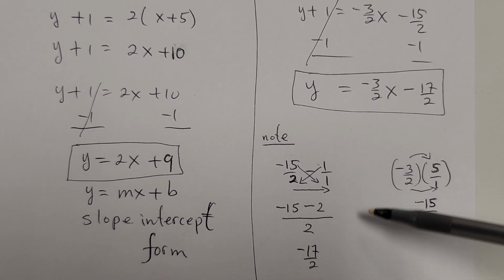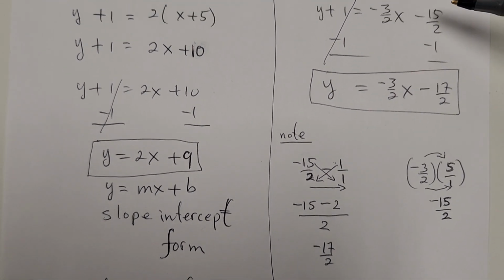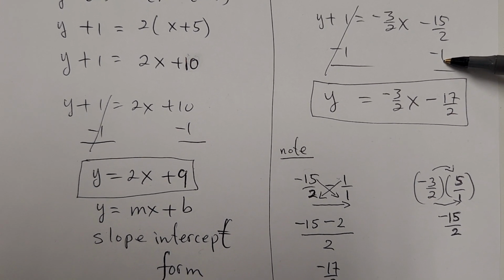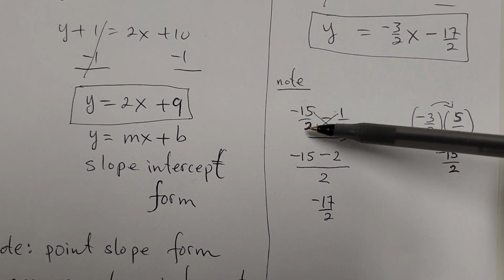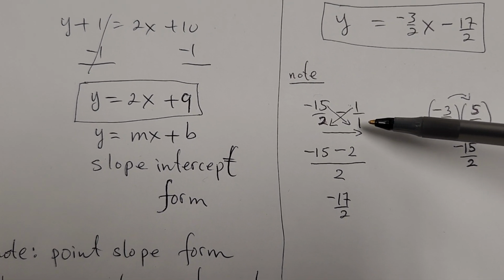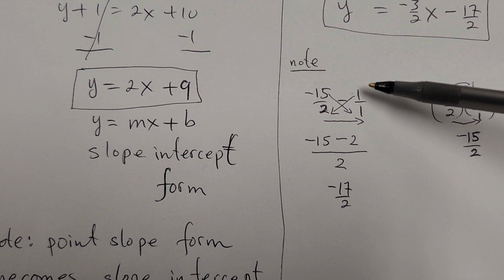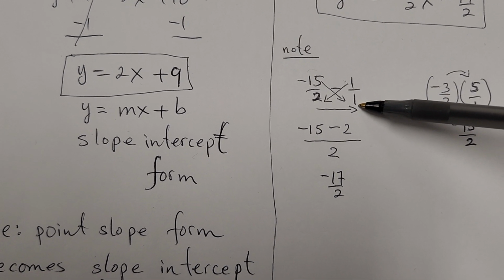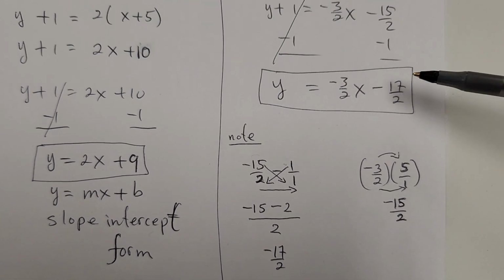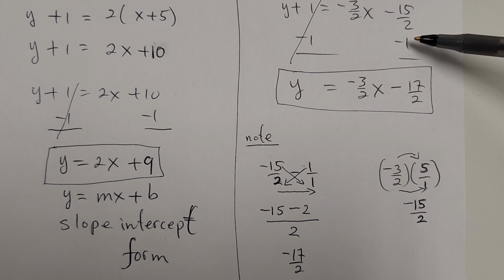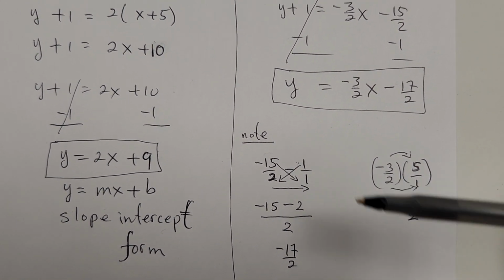Now I'm going to work over here so that you can see fractions, subtracting another number. For negative 15 over 2 minus 1, I can put another 1 underneath. Since this number right here is not a fraction, I can still put it over 1.